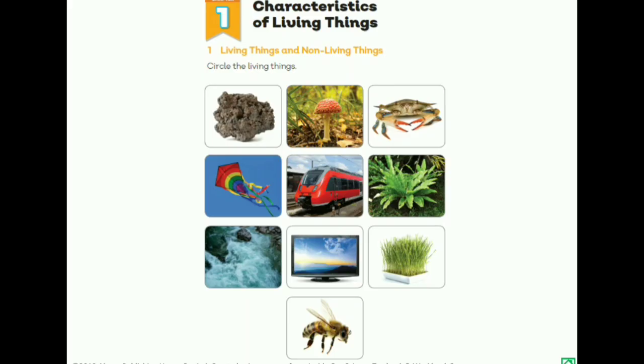This is the workbook. Open your workbook on page number 1. On this page, you have to circle the living things. So quickly, by yourself, circle all of the living things.